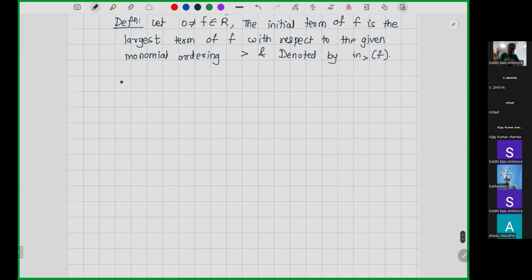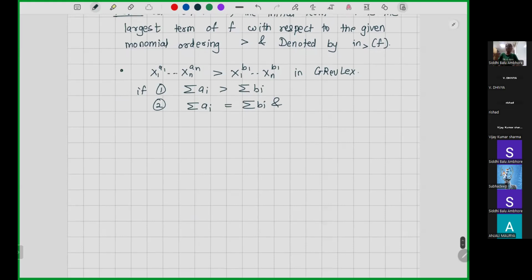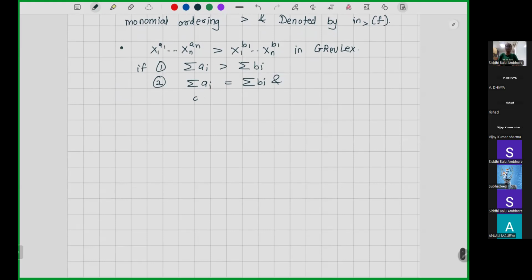So quickly, for graded reverse lexicographic order, a monomial x1^a1 ... xn^an is greater than x1^b1 ... xn^bn if the sum of the ai is greater than the sum of the bi, that is, the degree of the first monomial is greater than the degree of the second. Second, if the sum of the ai is equal to the sum of the bi, then we want the last nonzero entry of ai minus bi to be negative, that is, the largest i with ai not equal to bi.